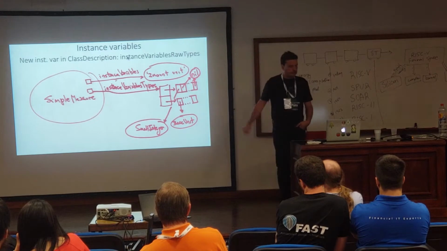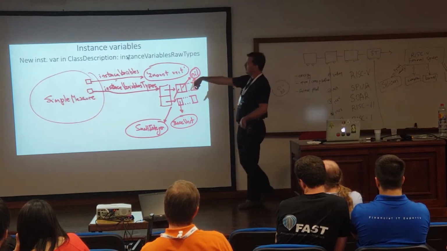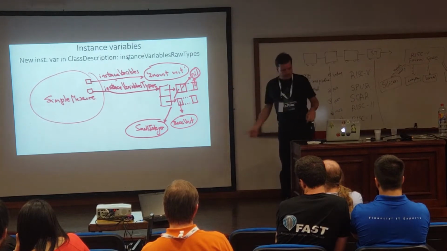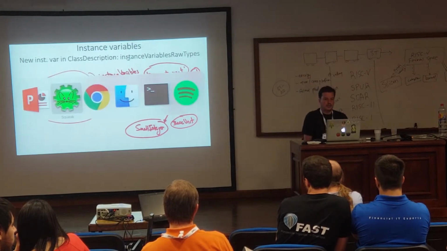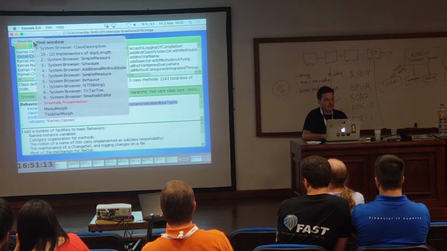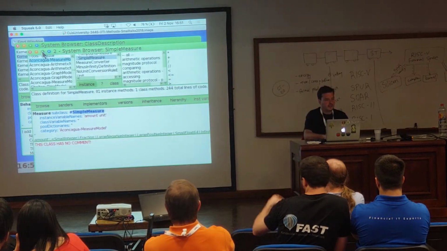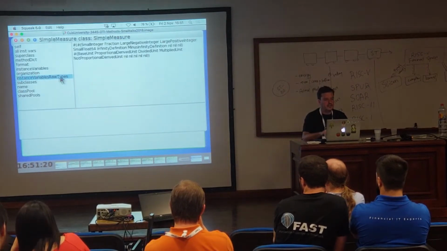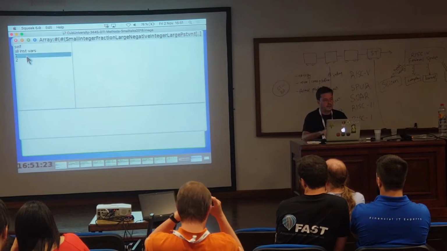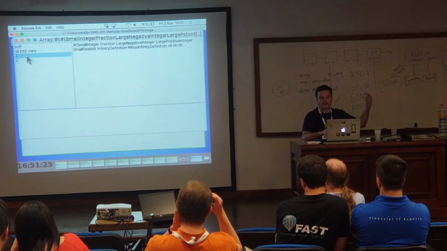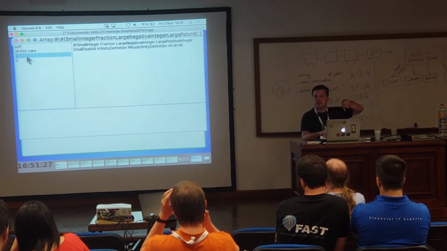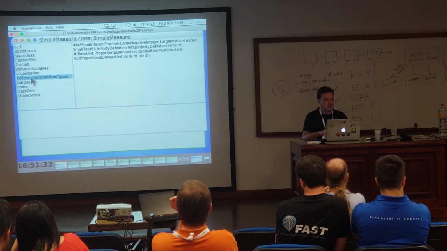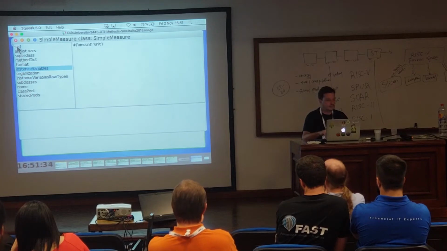Okay? So in this case, if you have simple measure, it will have an array of 2 elements that will point to the types for each of the instance variables of that class. So if we inspect simple measure, we'll see here that we have an array with 2 elements that are the classes of the objects that were stored in each of the instance variables of this class.